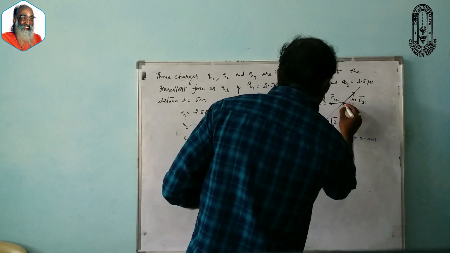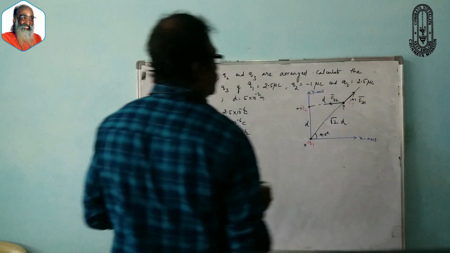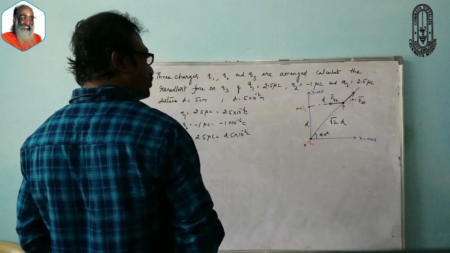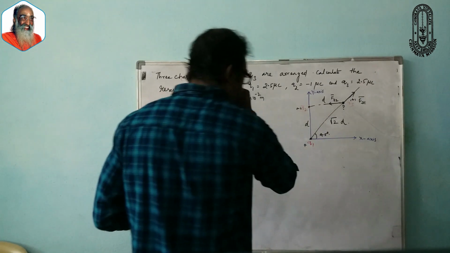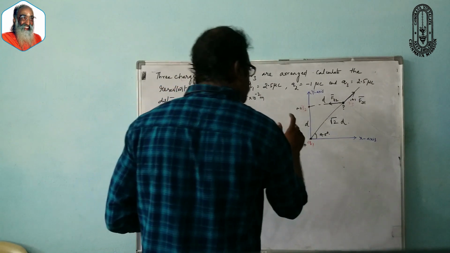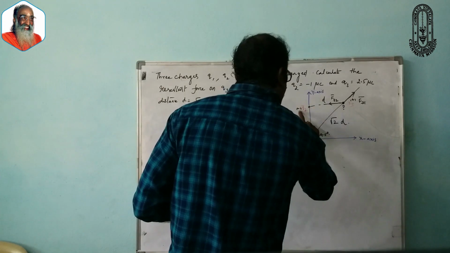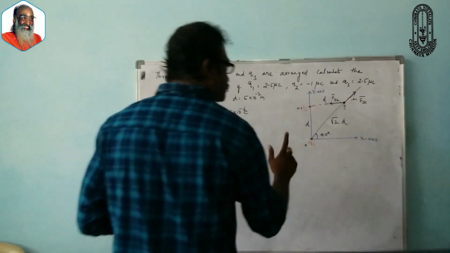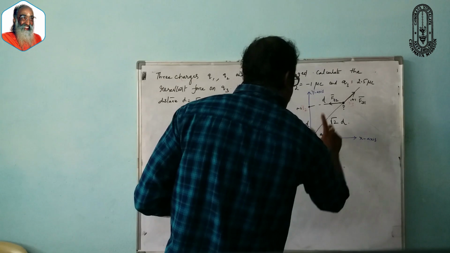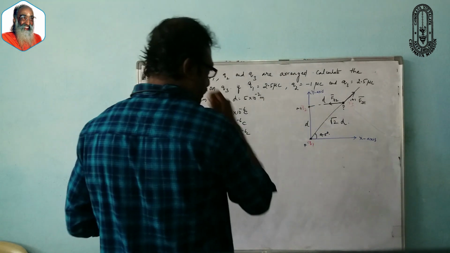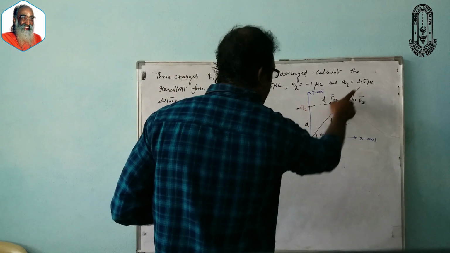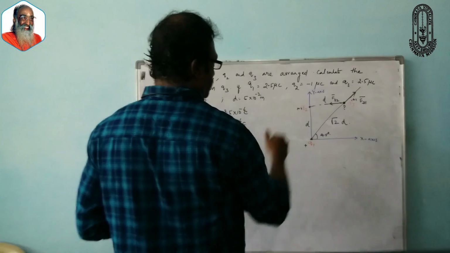What is the resultant force on Q3? It is the force by Q1 on Q3 and the force by Q2 on Q3. The force by Q1 on Q3 is F31. Because these two are like charges, it will be in this direction, pushed apart.